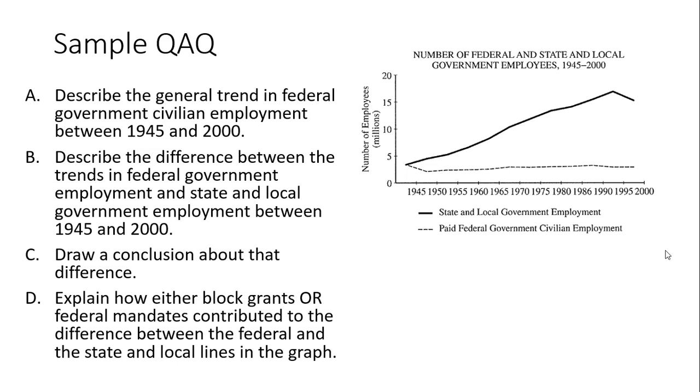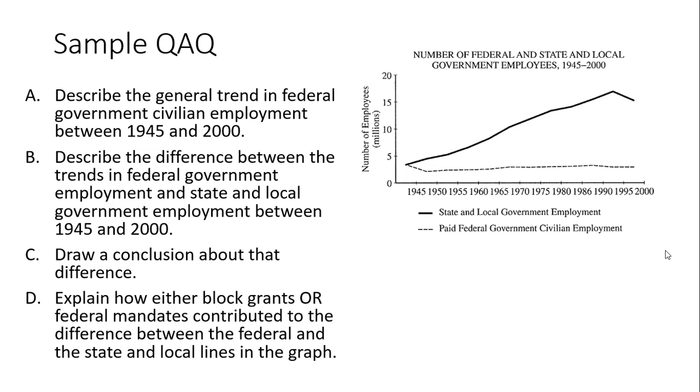But it says explain how either block grants or federal mandates contributed to this difference. So either one of those works. I could make an argument that the changes in these lines are a result of block grants or they're a result of federal mandates. I decide which one I know better, and then I explain that.